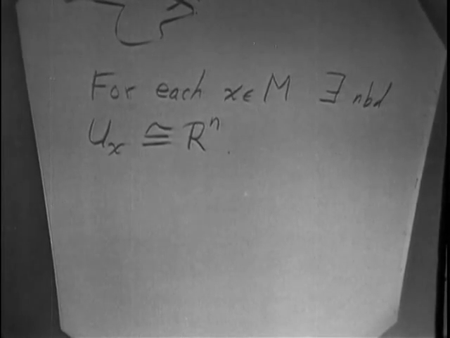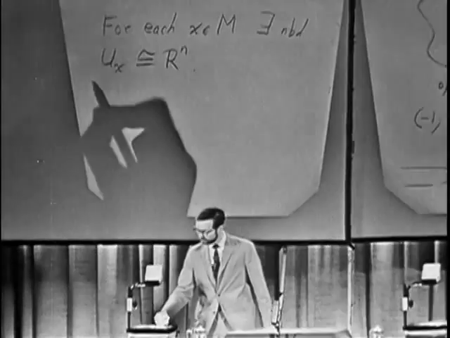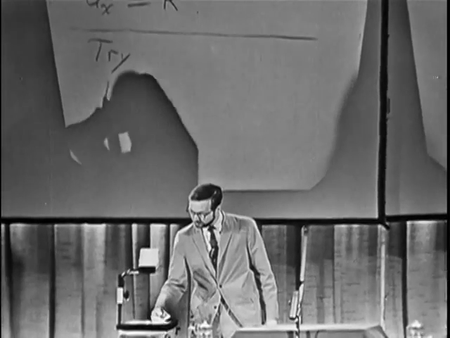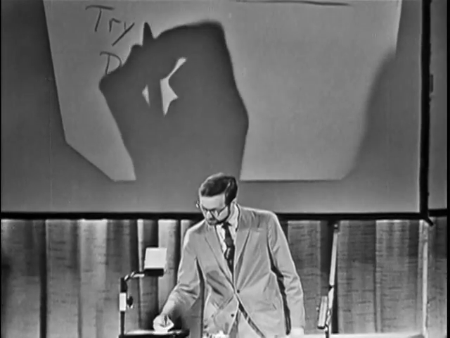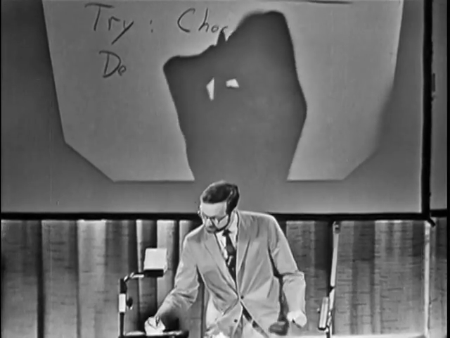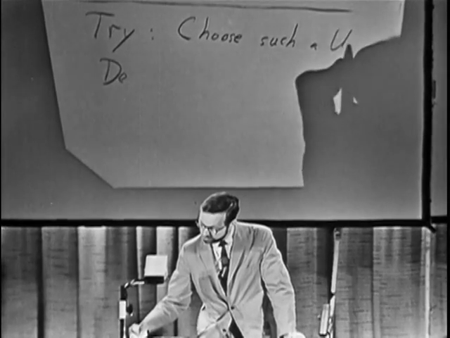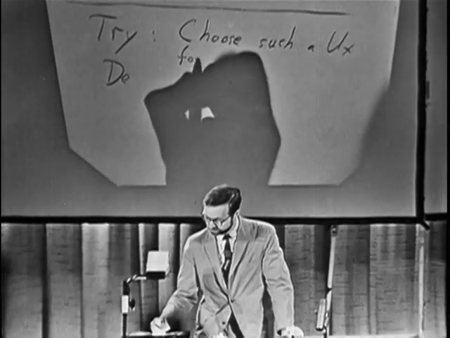So as a first approximation, we can try the following. We choose such a u sub x for each x.